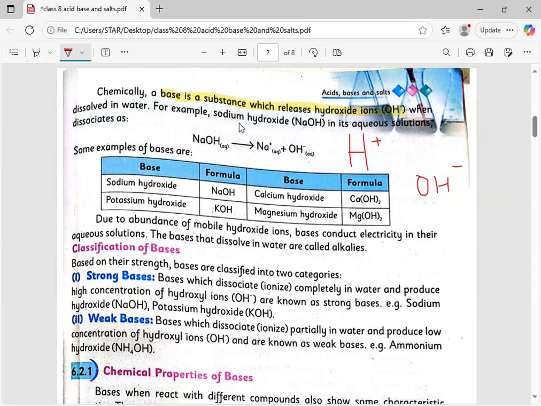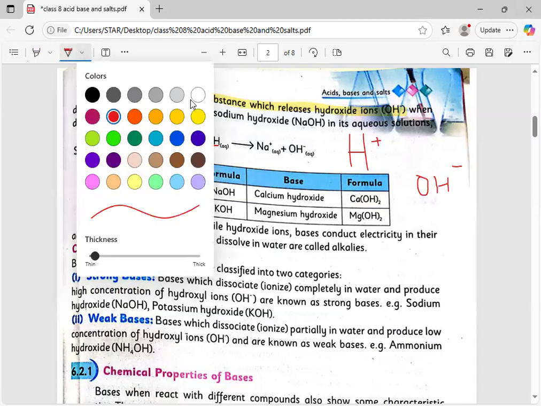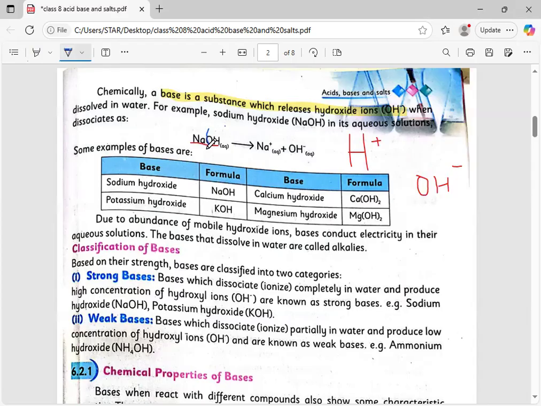For example, sodium hydroxide in its aqueous solution dissociates as NaOH into Na plus and OH minus. It means that whenever you dissolve sodium hydroxide in water to make a solution, the sodium hydroxide breaks down into two parts, Na and OH. Na has a positive charge and the hydroxide has a negative charge.